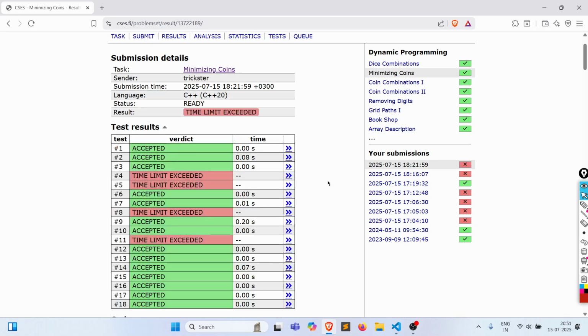So yes guys, our solution is correct, but it is slow, since recursion sometimes is slow and tabulation is preferred. So okay, see you in the next video.